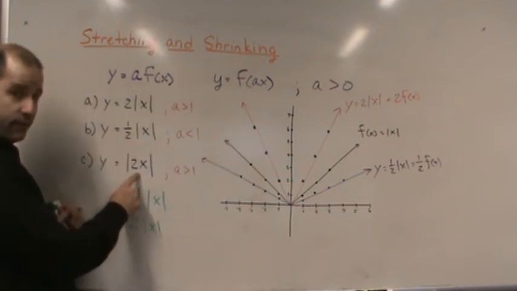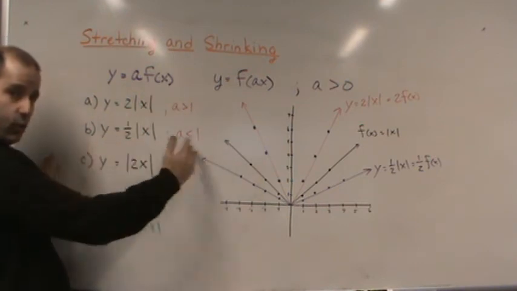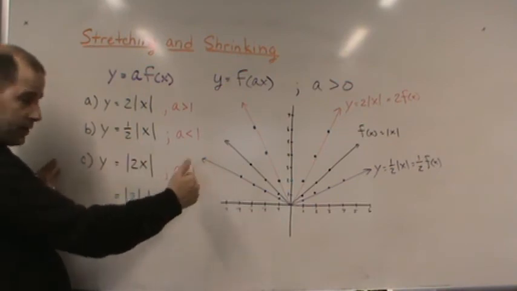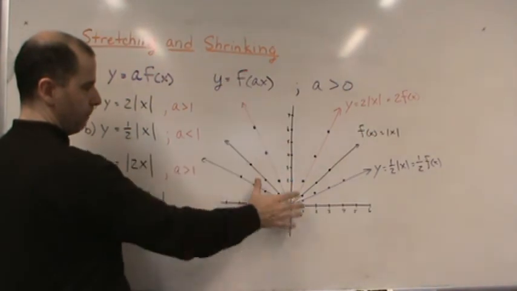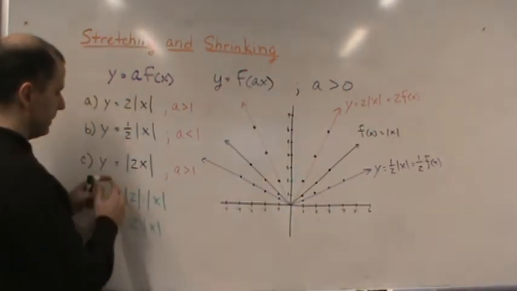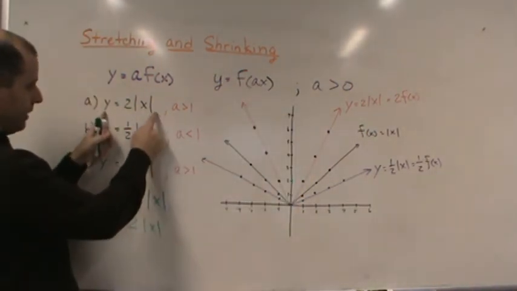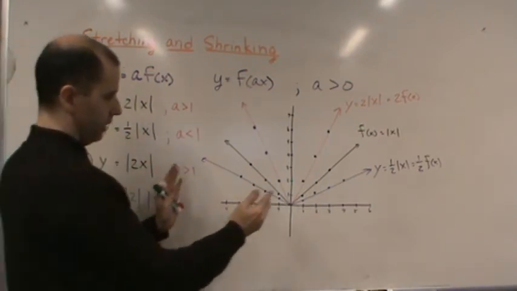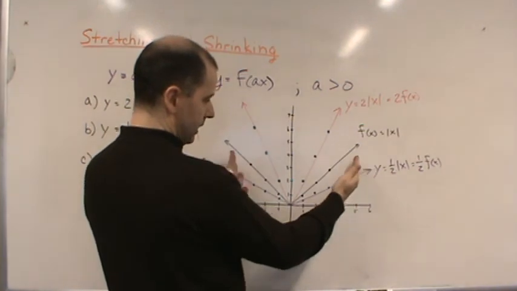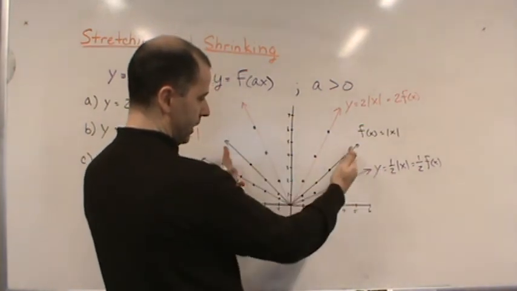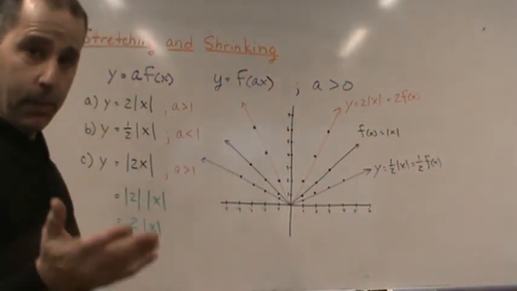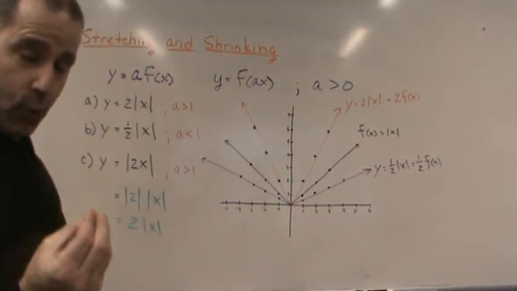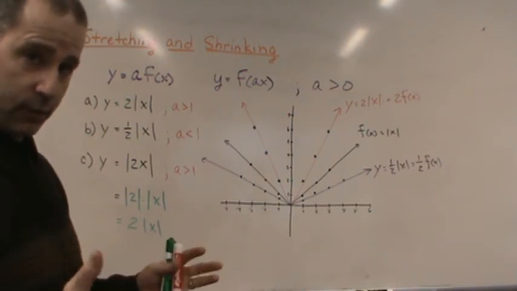Here, I'm inside the function, so I'm affecting the horizontal direction. So even though I ended up with the same graph as I did up here, this is a vertical stretch. Here, this would be a horizontal shrinking or a horizontal compression.